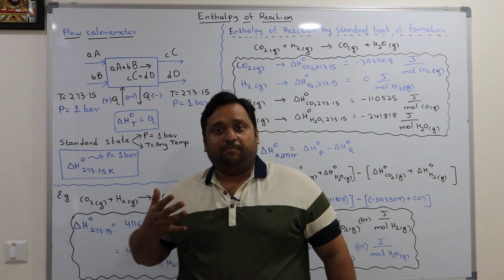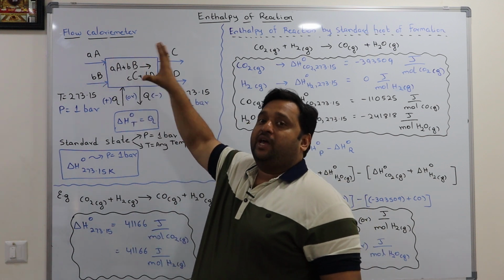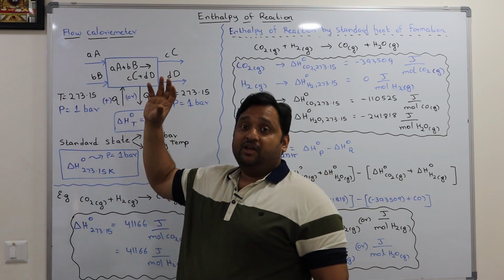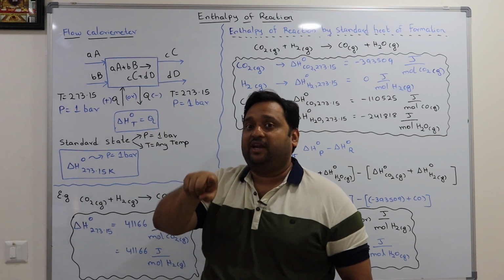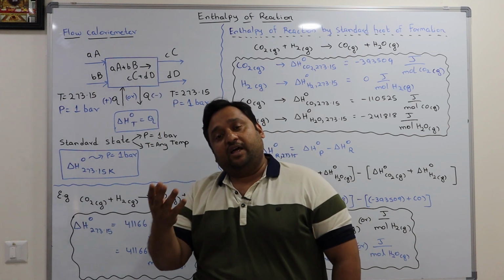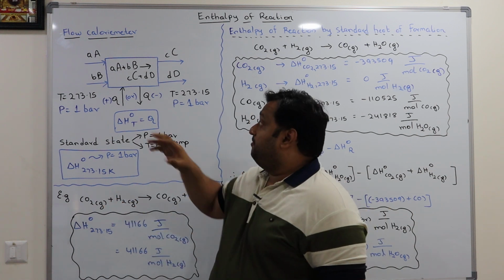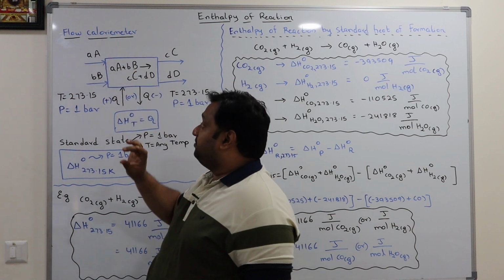To find out the enthalpy of the reaction, people use a flow calorimeter. It's a device where you conduct a reaction, find out how much heat is absorbed or liberated during the reaction, and directly find the enthalpy of the reaction.